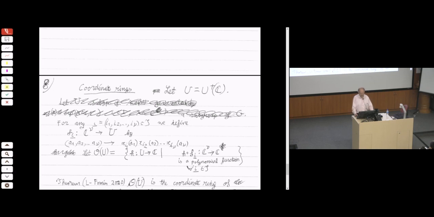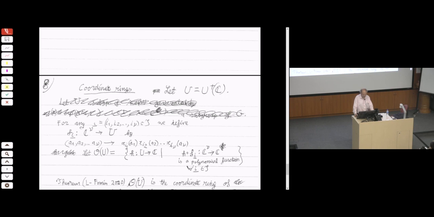So which means that there are many maps from C^nu into U. So the family of finitely many such maps that we consider.